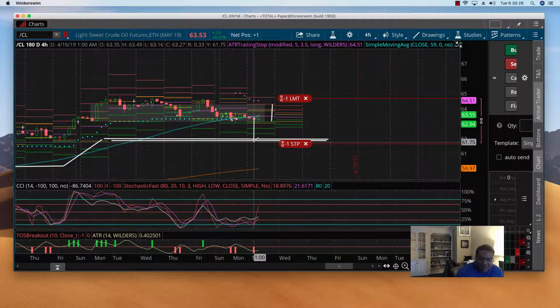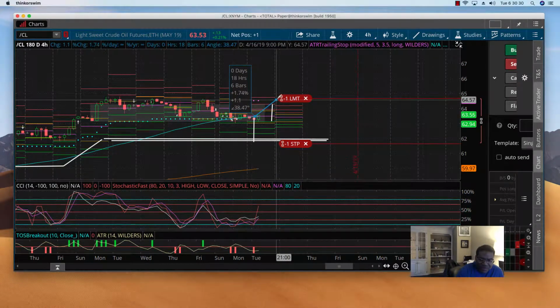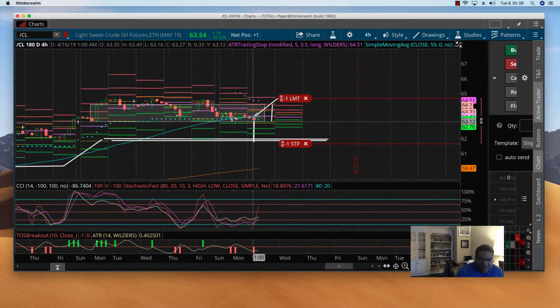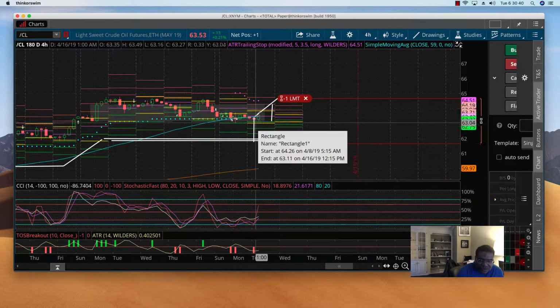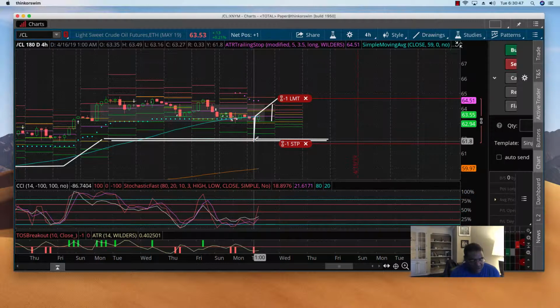So if you moved $1 from here, $1.12 or so, you would be up at 64.66. Okay, and if you move $1 down, or if you want to get below support, you have to risk at least 1.6.